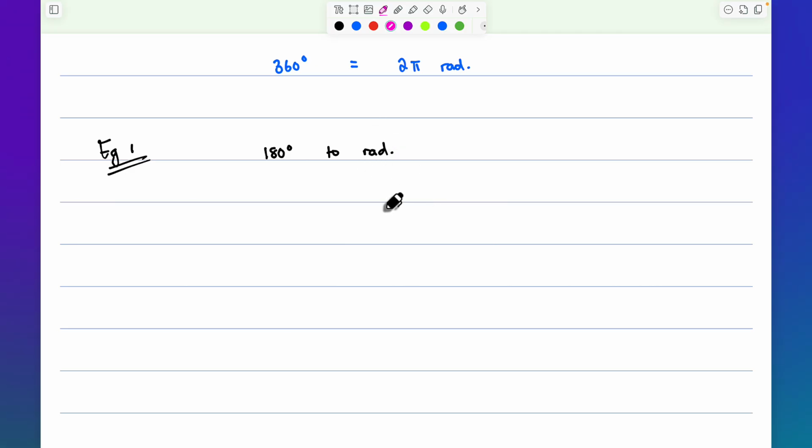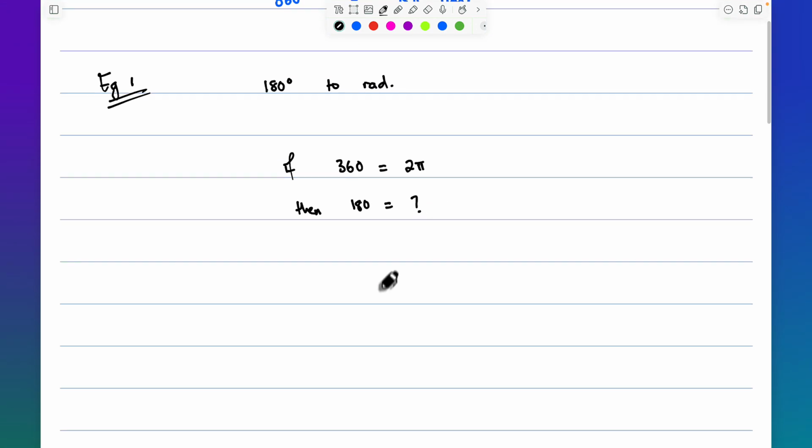So essentially, we're going to use ratios. Ratios tell us that if 360 is equal to 2 pi, then 180 is equal to what, right?